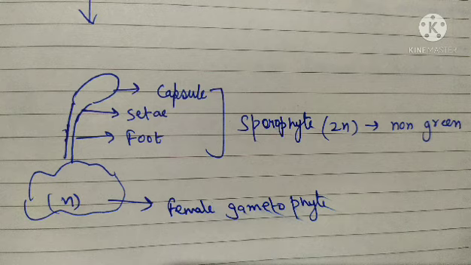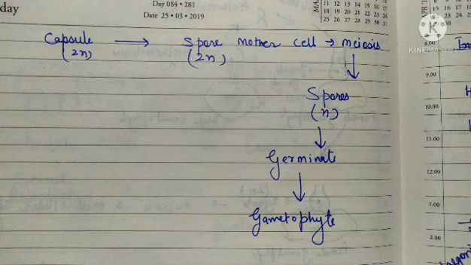This sporophyte basically has three parts, that is the upper part capsule, then a neck portion, that is seta, and foot. This sporophyte will produce spores. Inside the capsule there will be formation of the spores by meiosis, and these spores will germinate and give rise to gametophyte.